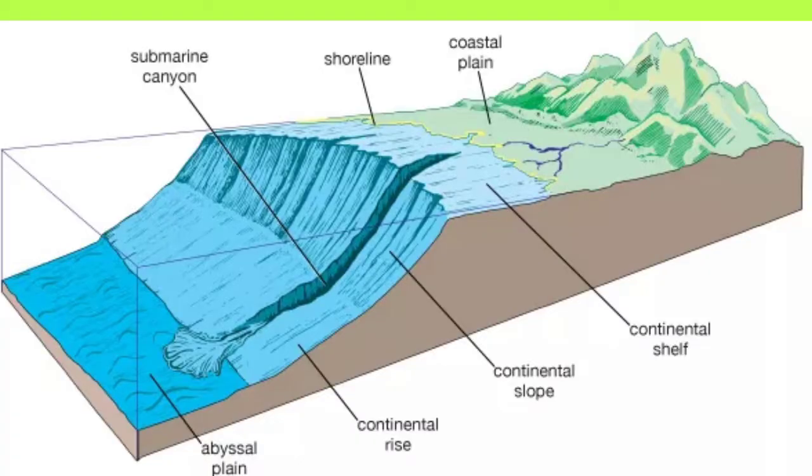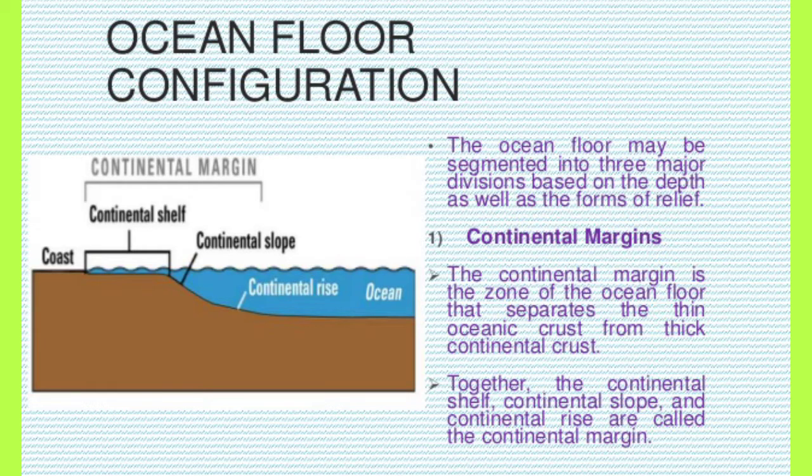The creation of new oceanic crust at the mid-oceanic ridge moves the continents across the Earth's surface and creates zones. The first zone is continental margins. The continental margin is the shallow water area found in proximity to continents.